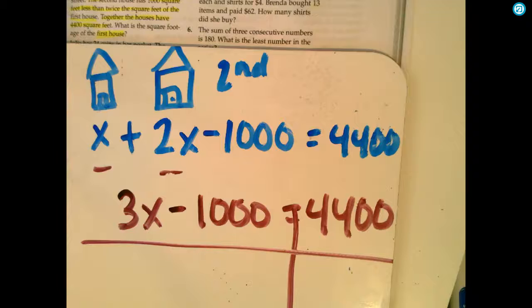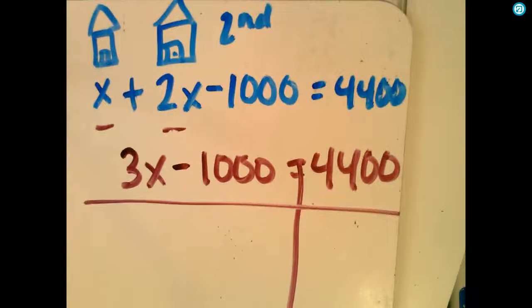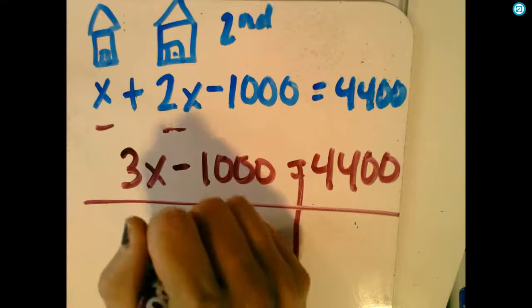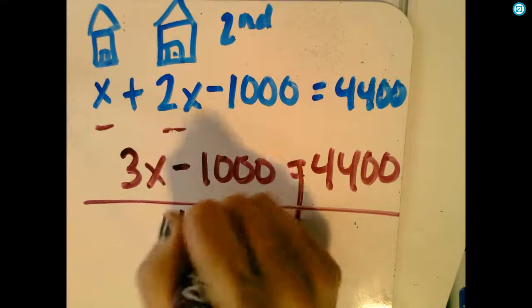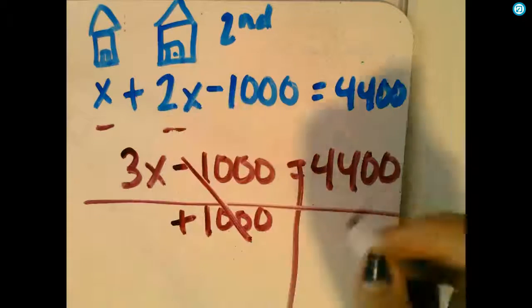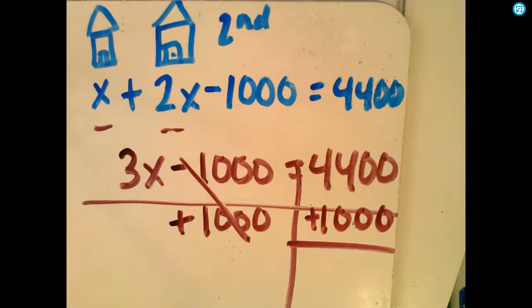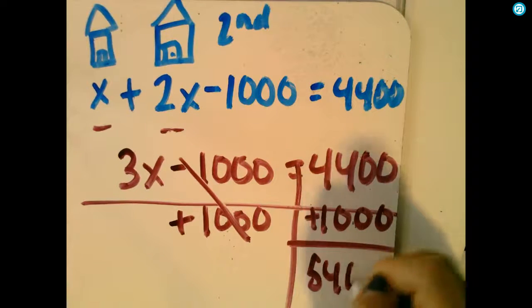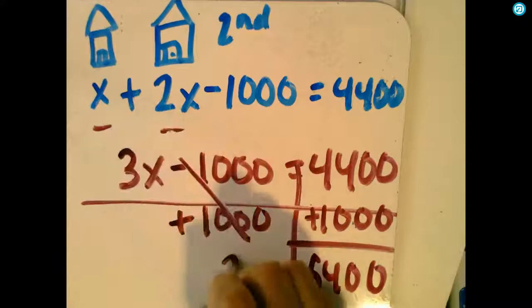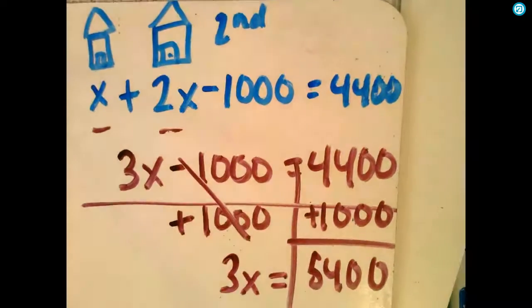We are subtracting 1,000. So in order to cancel that out, I'm going to do the opposite of subtracting, which is adding. So we add 1,000. I'm going to add 1,000 to the other side. So we get 5,400. And all we've got left is 3 times x.